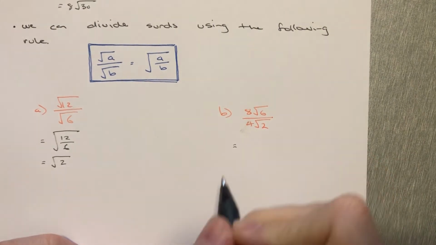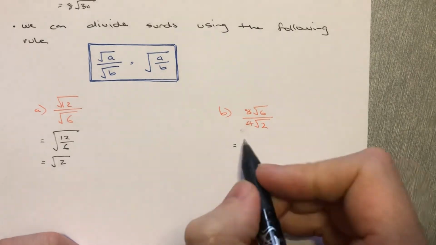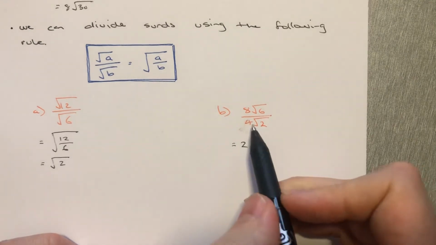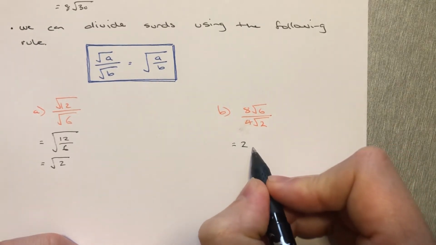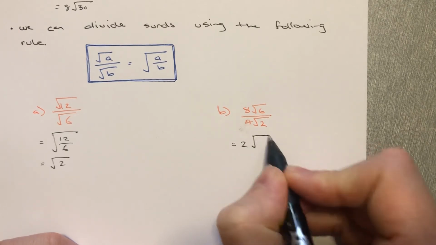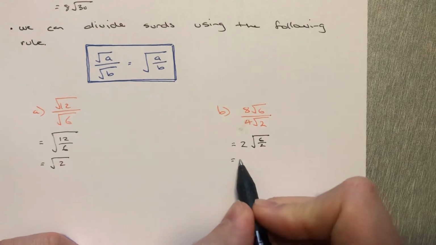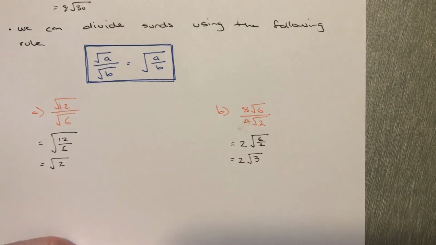I'm just going to look at those normal numbers first. 8 divided by 4 is 2. And now I want to look at those surds. So it's going to be 2 times, and we can combine them together. So we put them both under that same square root. So 2 times 6 on 2. And hopefully we know 6 divided by 2 is 3. So our answer to this whole thing is going to be 2 root 3.